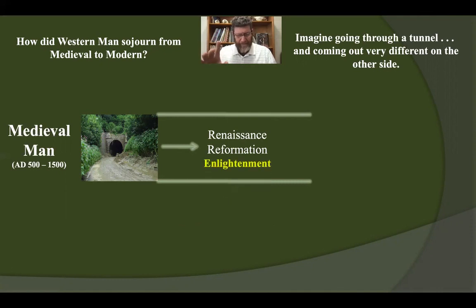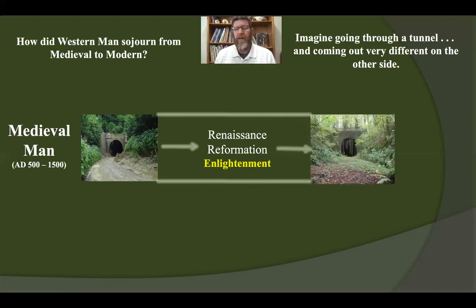And then this is going to get even more and more important in the books that we're going to be reading and talking about, the Enlightenment. We did talk about that quite a bit with Rousseau. What is the Enlightenment? Hang tight. We're going to do a review of that in a minute. But when the worldview car comes out the other side, what do we have, friends? Yeah, well, we don't have medieval man anymore. We have modern man.